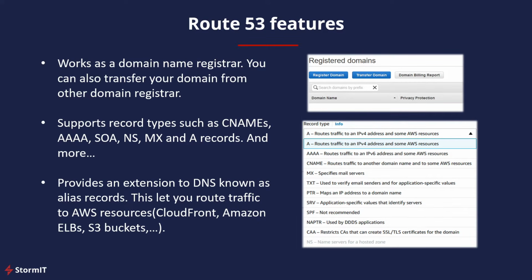And more you can see on the picture here. And it provides an extension to DNS known as alias records. This lets you route traffic to AWS resources such as CloudFront distributions, Amazon Elastic Load Balancers, and S3 buckets for free. We will be talking about the pricing later.